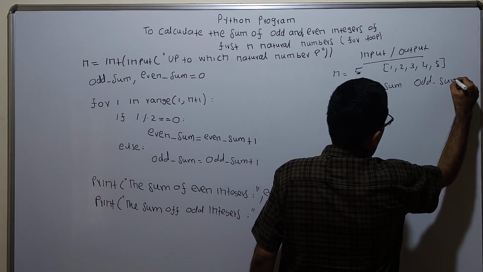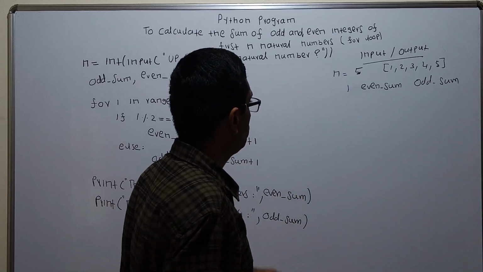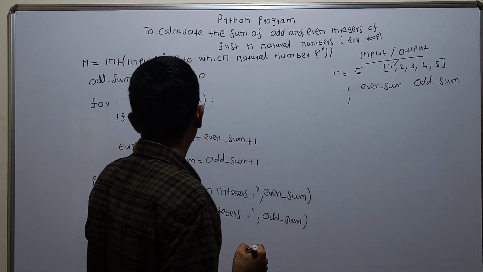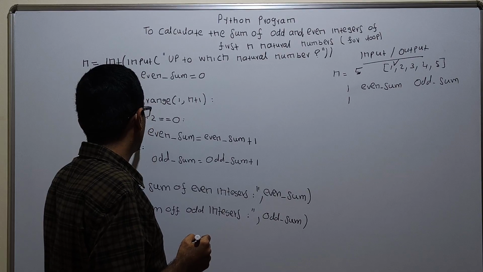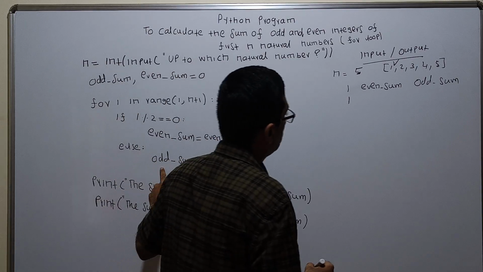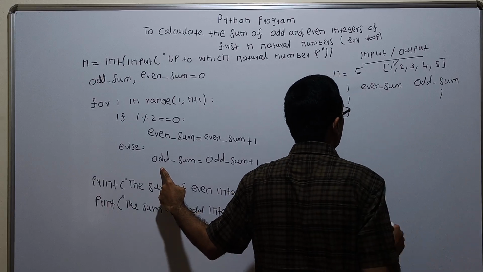Initially i will take the value 1. i equal to 1, i modulo 2, the remainder is 1. That means 1 modulo 2 is 1. So it will come here and add the value to the odd sum. So odd sum becomes 1 now.